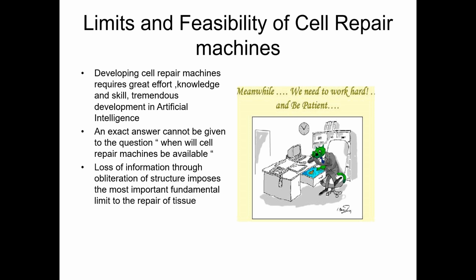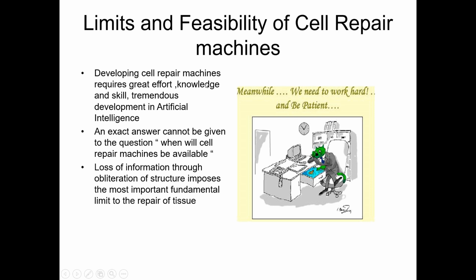The scientists are still waiting to cross those limits. Here we consider the limits and feasibility of cell repair machines. Developing cell repair machines requires great effort, knowledge, and skills, tremendous developments, and developments in artificial intelligence.